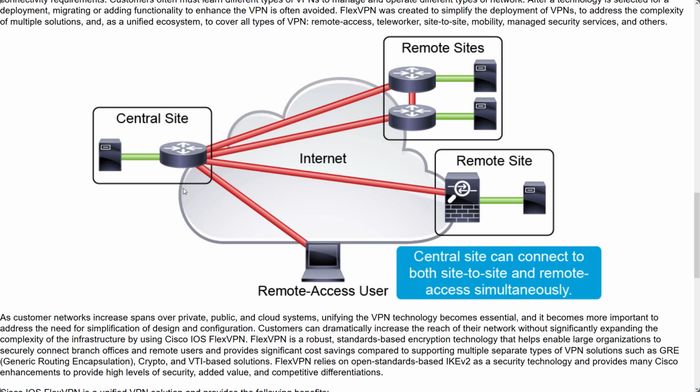Flex VPN gives us that capability. But like I said, one of the restrictions of Flex VPN, even though we don't really consider it a restriction because IKEv2 is pretty much the preferred standard in this case, is that Flex VPN relies on IKEv2 for providing that security in the configuration.